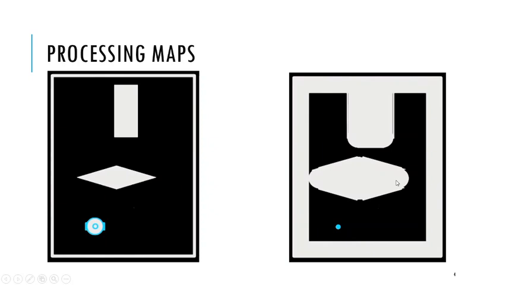So now your map will be something like this. The original map was like this, the inflated map will be like this, and your robot is considered as a point. So for an infinitesimally small point, I have a start and a goal somewhere, and I need to find a path that is infinitely thin.